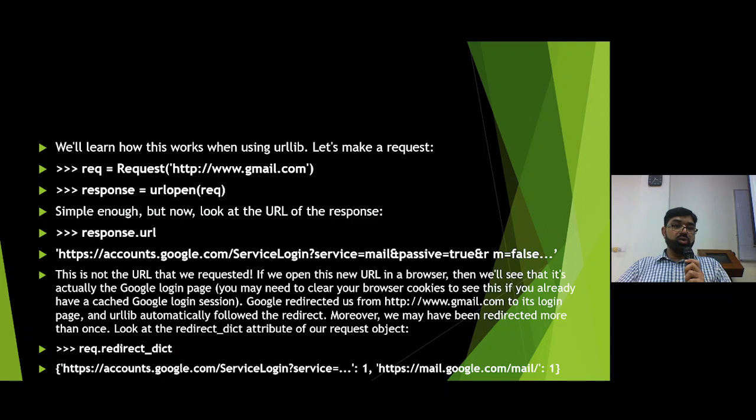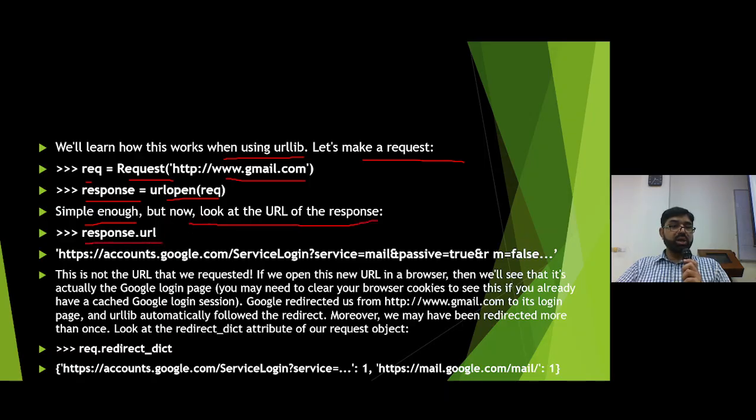We will learn how it works when we are using urllib. So request equals gmail.com. We are accessing gmail.com with urlopen(request). Simple enough, but now let's look at the response.